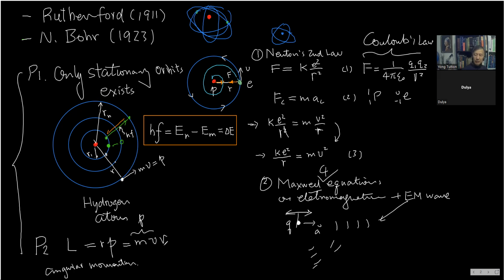This angular momentum must satisfy this condition: n multiplied by h divided by 2 pi, where n is equal to 1, 2, 3, an integer. This second postulation is called Bohr's. I will highlight this condition. This condition is called Bohr's quantum condition.